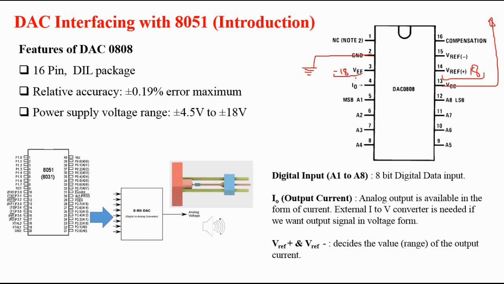So VEE and VCC basically tell that the analog output which is available can be in between this range, means it can be in between plus 18 to minus 18 range, or it can be in between 0 to 32 volt range, if we assume plus minus 18 in a single polarity voltage form. So it will become 0 to 32 volts.